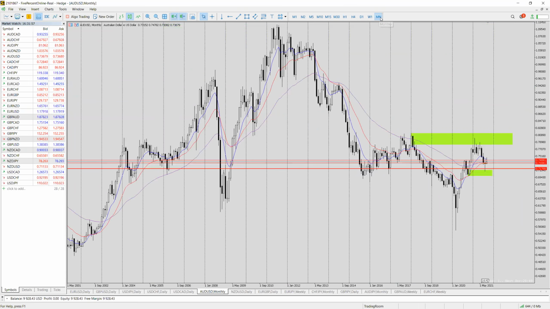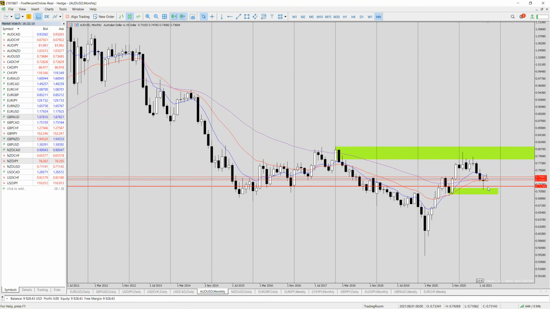For the long term, after seeing this reversal pattern with this downtrend and then this doji candle, Aussie dollar could continue higher.